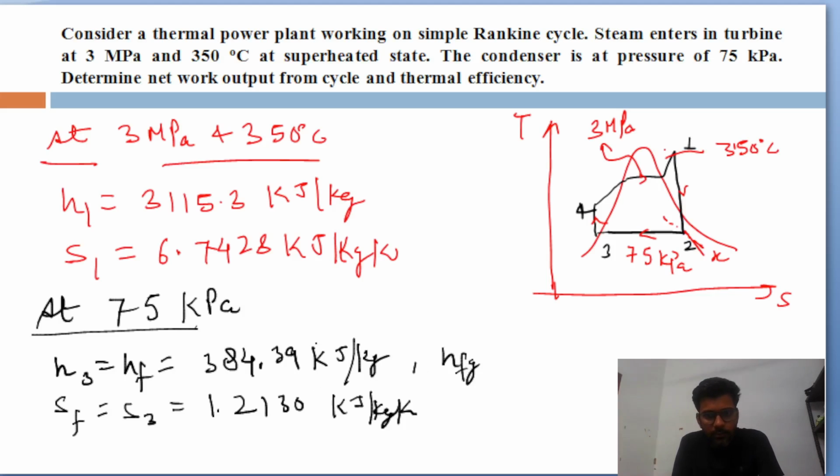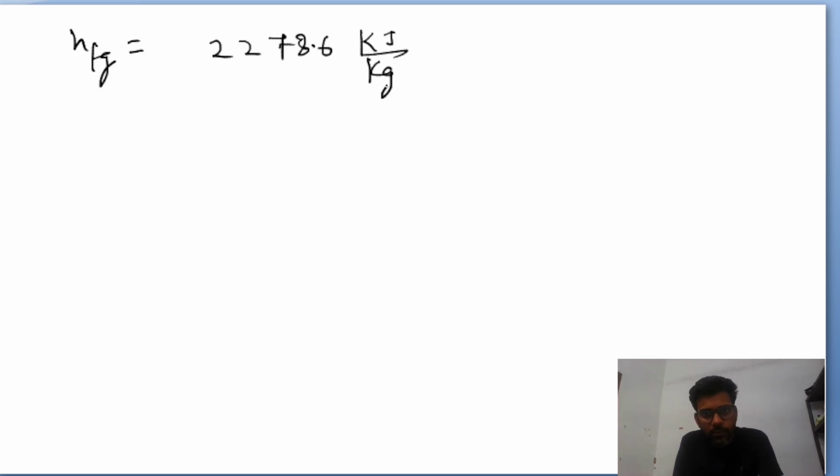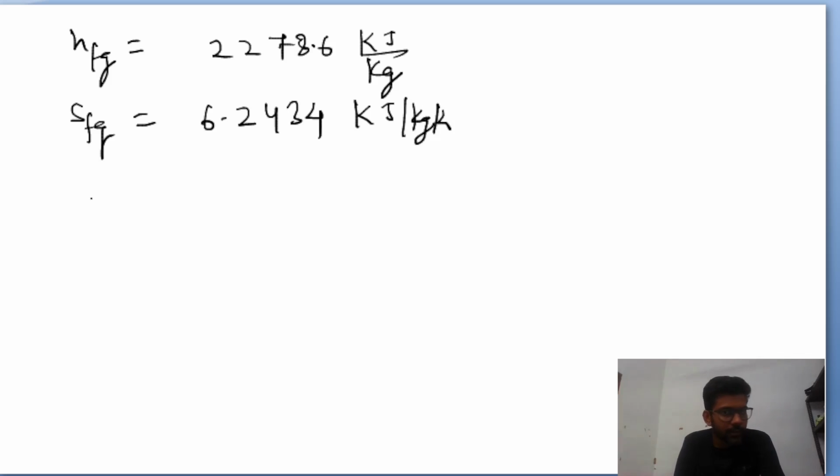Hfg is 2278.6 kilojoule per kg, and Sfg is 6.2434 kilojoule per kg Kelvin.